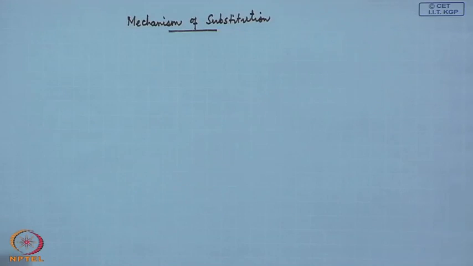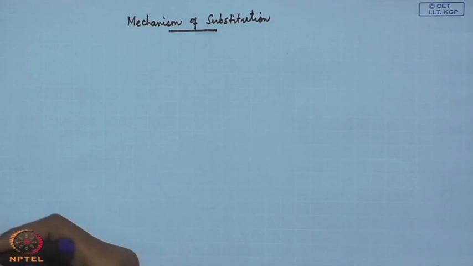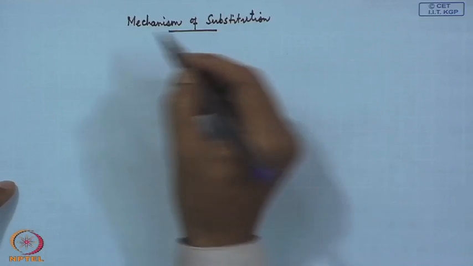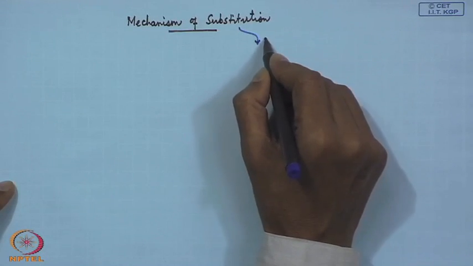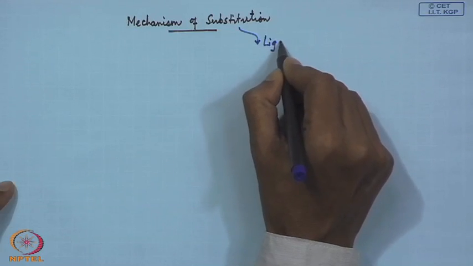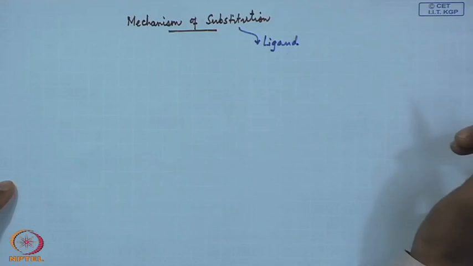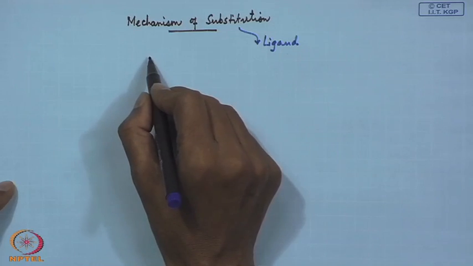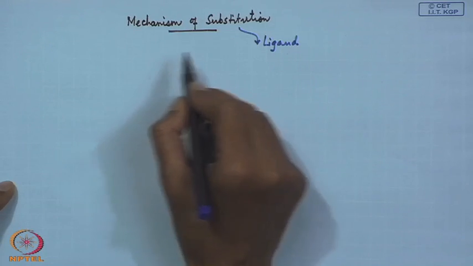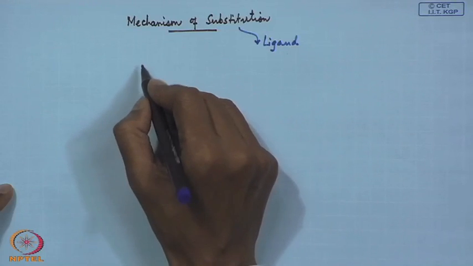The ligands will come, and you can consider it as ligand substitution reactions around the metal center. And when we add a stoichiometric amount of metal and ligand, we have the stoichiometric mechanism.